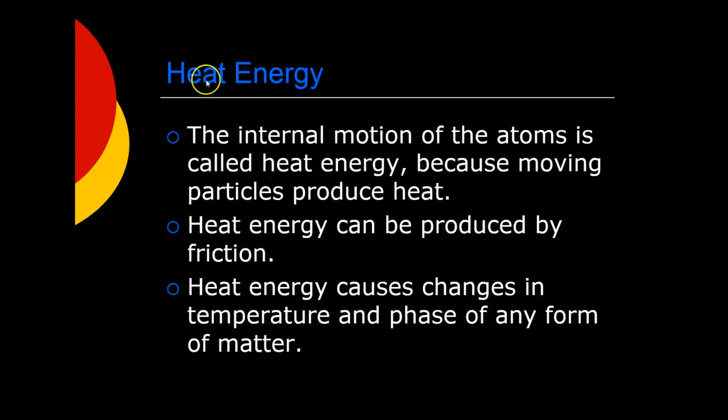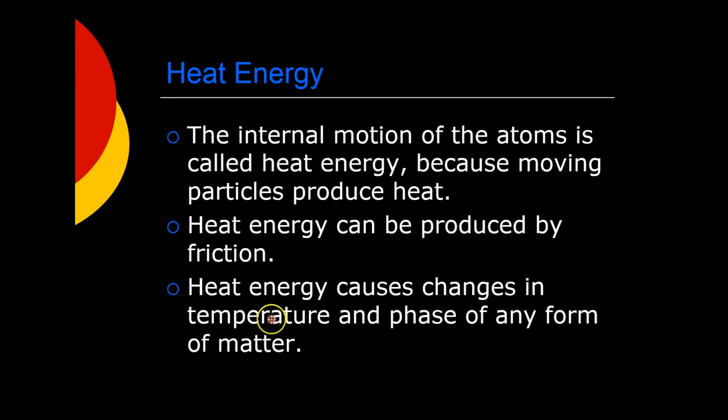Okay, so heat energy, which is what we've been calling thermal energy. Thermal energy, the internal motion of the atoms, is called heat energy because moving particles produce heat. Heat energy can be produced by friction. So when those atoms move together, it creates friction.